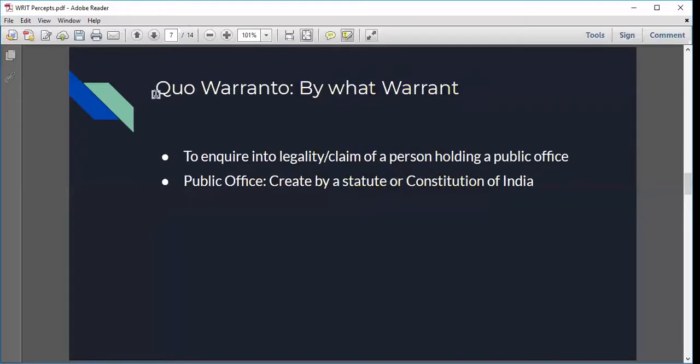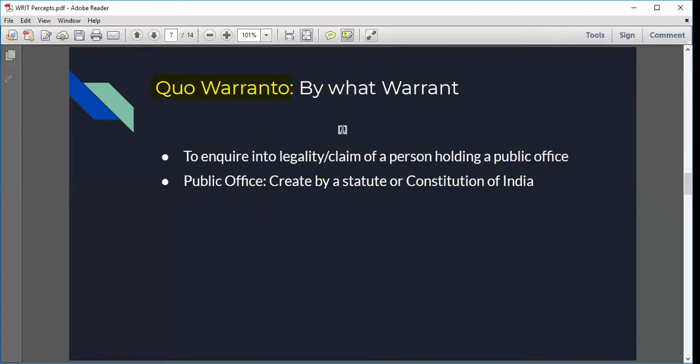Now let's move to quo warranto. Quo warranto means by what warrant. Hearing the very term, by what warrant, doesn't it sound like somebody is asking a question? When somebody is asking the question, one should keep in mind that a court is asking a public office about the legality of something.